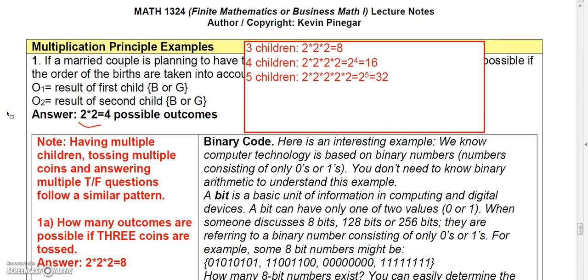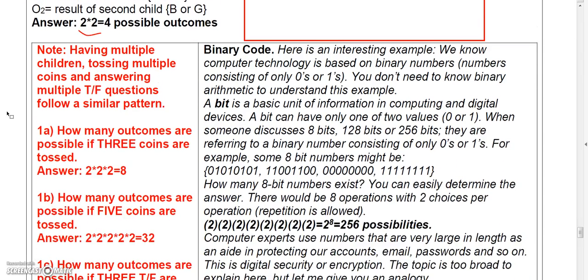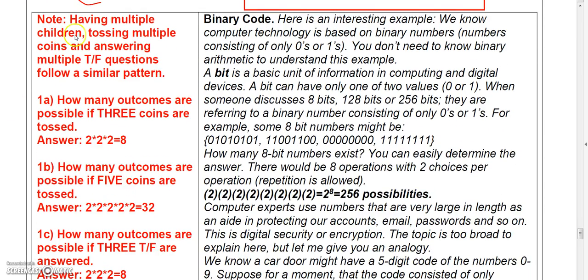So actually, having multiple children, or tossing multiple coins, or answering multiple true-false questions, they follow a similar pattern. So if you tossed 3 coins and wanted to know the number of ways they could land, it would be just like having 3 kids and wanting to know the number of ways they could be born.